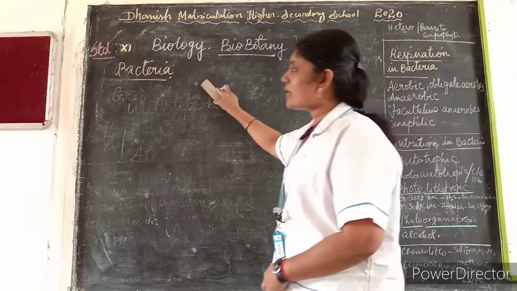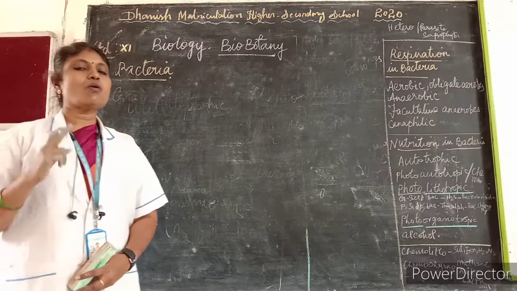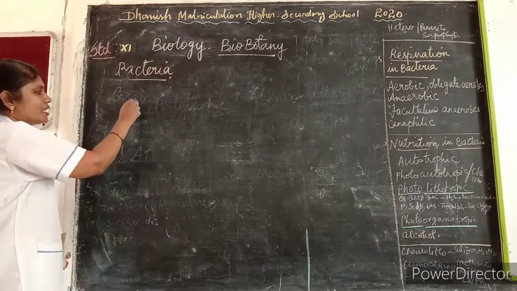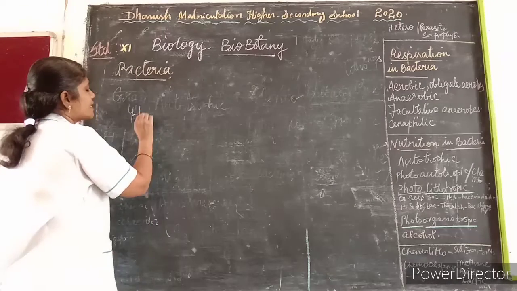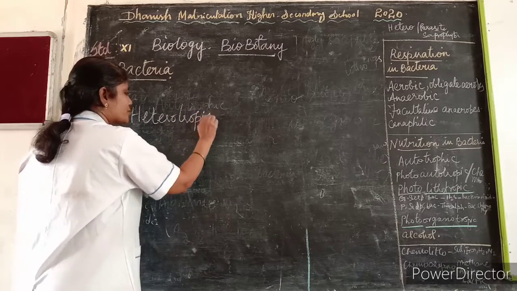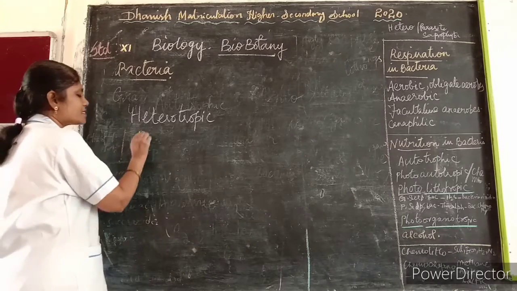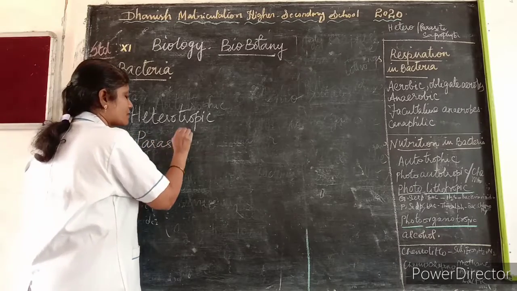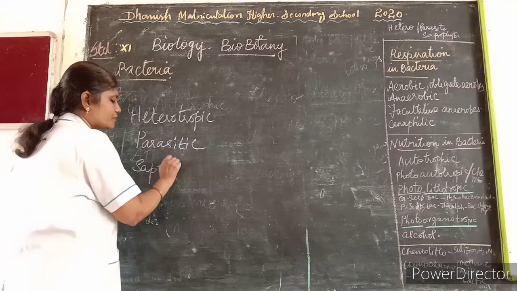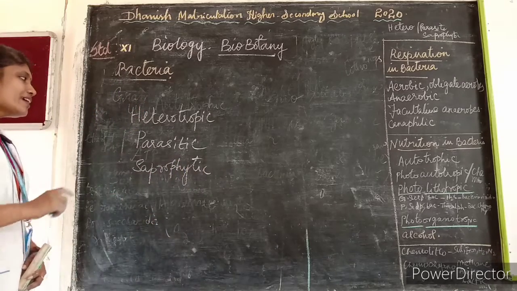Next we shall see the other type of nutrition. Generally, nutrition can be described as either autotrophic or heterotrophic. So far we have seen the autotrophs. Next we will see heterotrophic nutrition in bacteria. Bacteria can be parasitic or saprophytic.